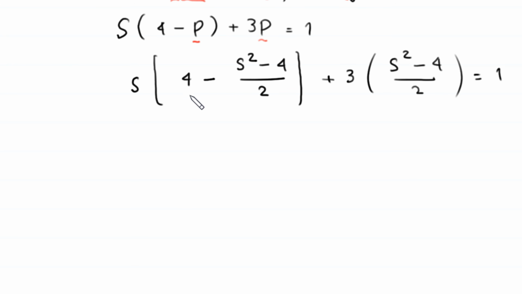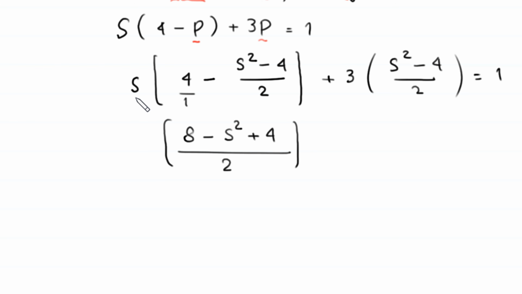Now we can write the denominator of this 4 as 1 and take LCM of 1 and 2. LCM of 1 and 2 is 2, so 2 divided by 1 is 2, 2 times this 4 is 8, and 2 divided by negative 2 is negative 1. Negative 1 times s squared, negative s squared, and negative 1 times negative 4 will become plus 4, times this s, plus 3 times s squared minus 4 divided by 2 equal to 1.